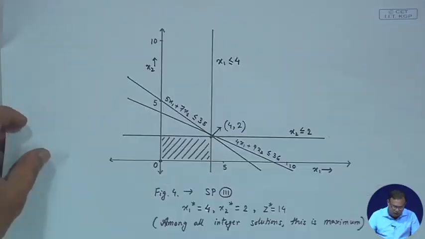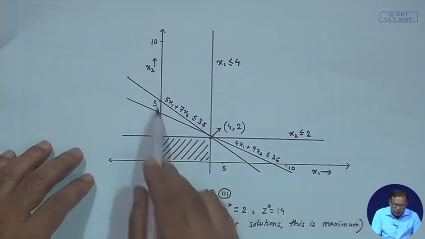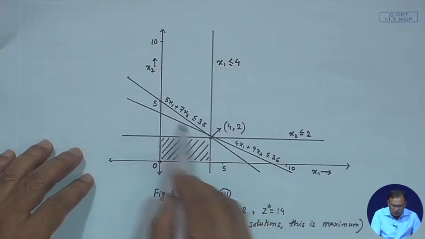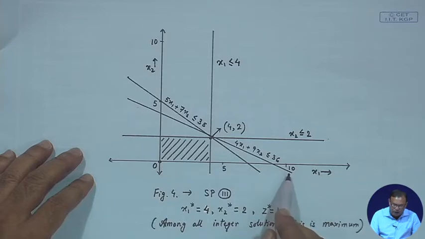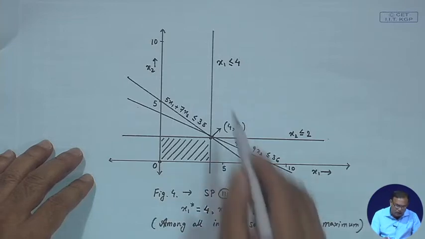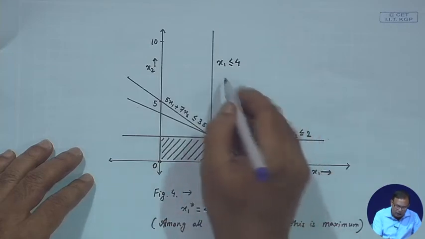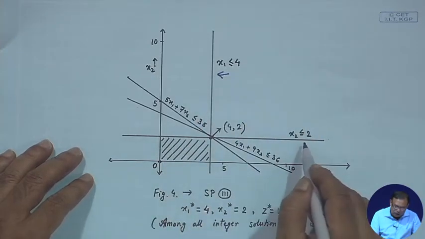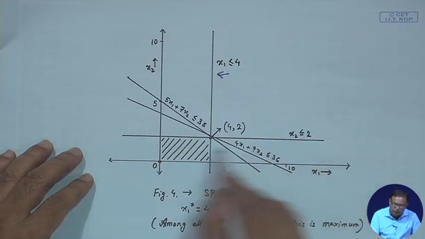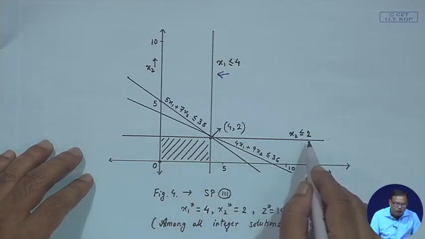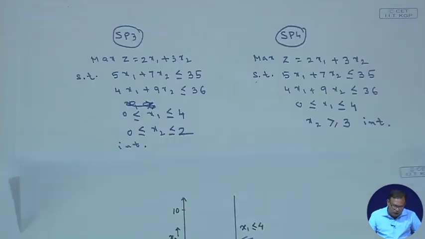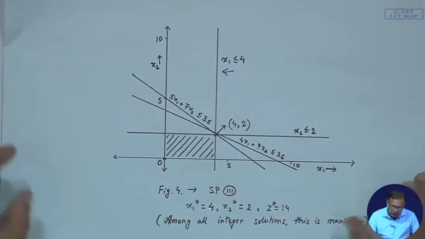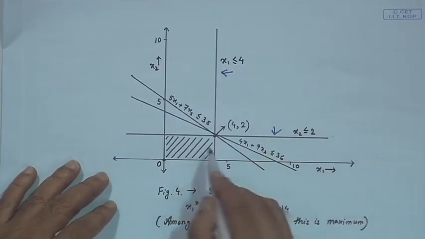So, I am just seeing here that this is the line 5x1 plus 7x2 equals 35. This is the line 4x1 plus 9x2 equals 36 and this is the line x1 less than equals 4, that is this thing, and what was the other one, x2 less than equals 2. x2 less than equals 2 was the second one. If you see, x2 lies between 0 to 2. So, your solution space will be this one.